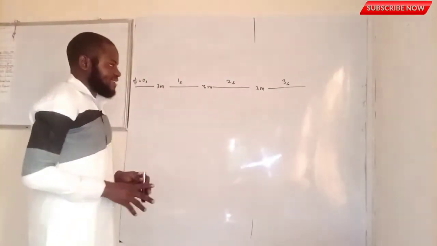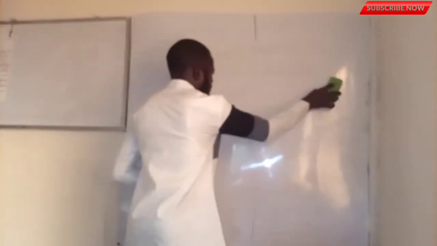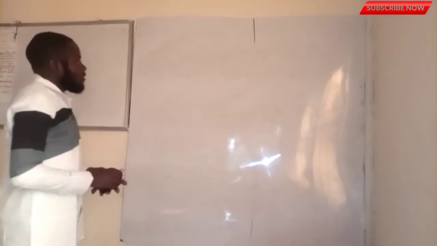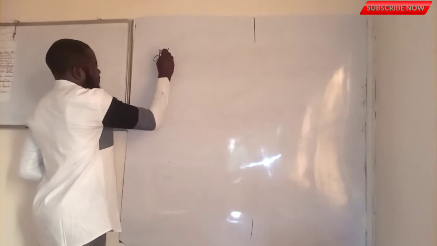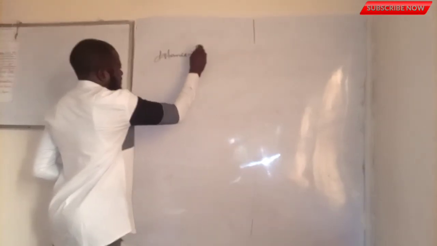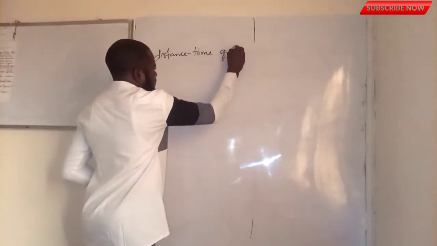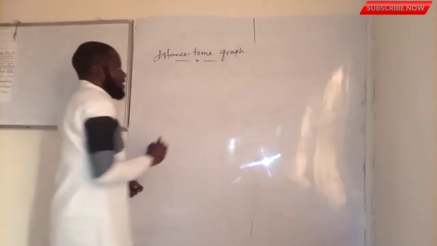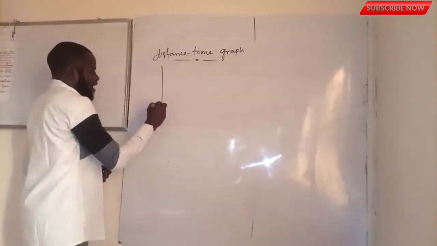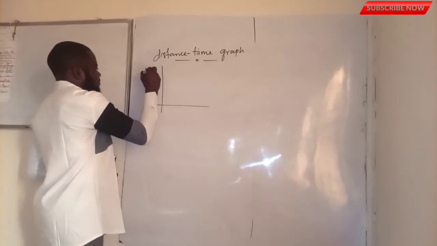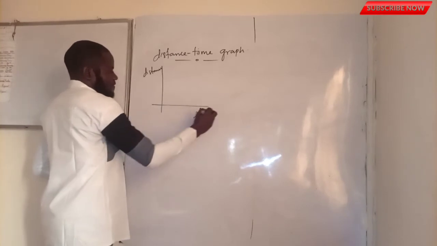Okay, so if that should be the case, let's now consider their graph. Let's start with the distance time graph. When you call a graph a distance time graph, it means we plot the value of distance in meters against time in seconds.